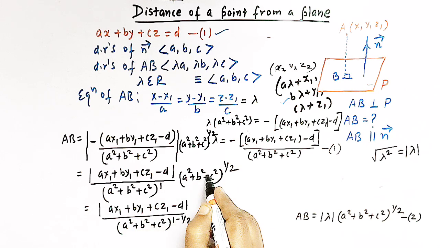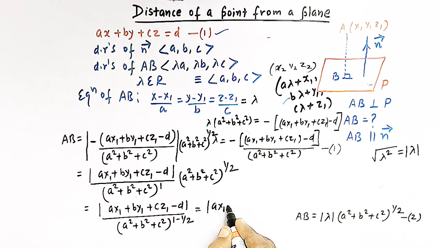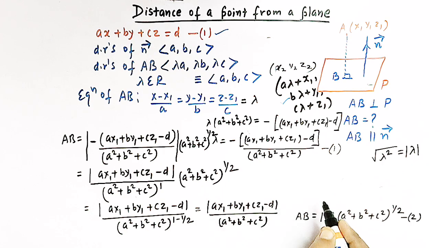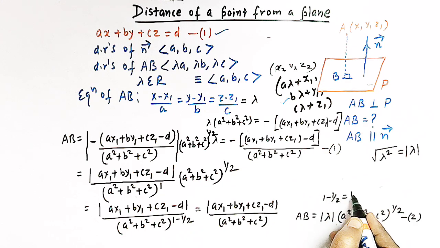So here simply applying the laws of exponents, we can now write mod of ax1 plus by1 plus cz1 minus d divided by a square plus b square plus c square, and 1 minus half is simply half.